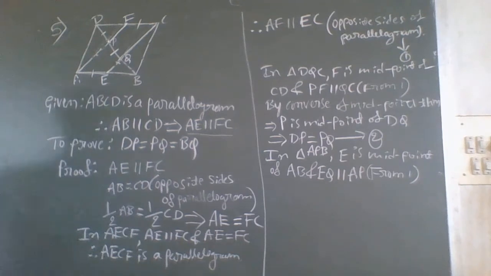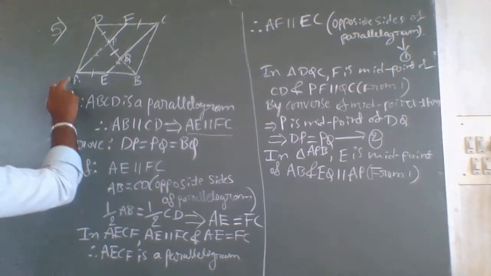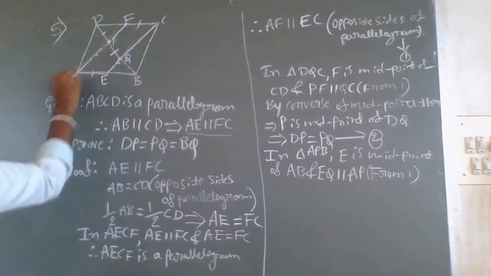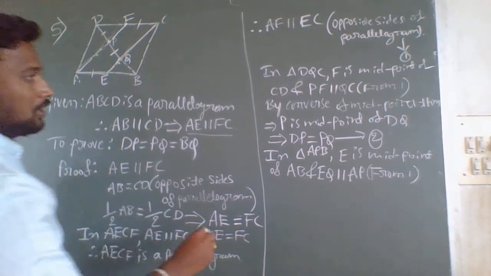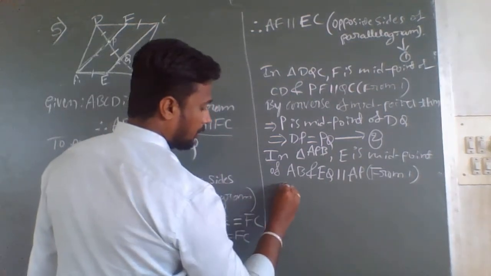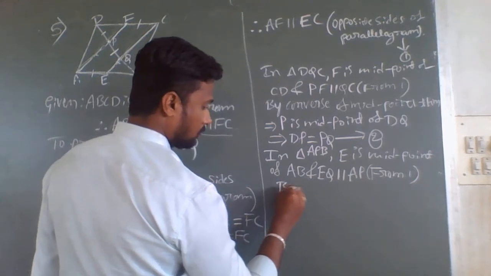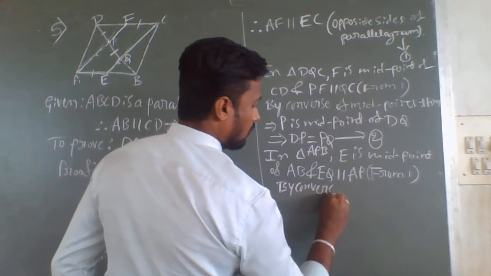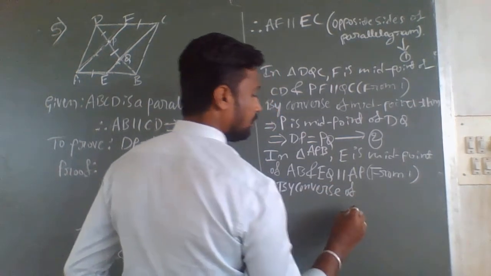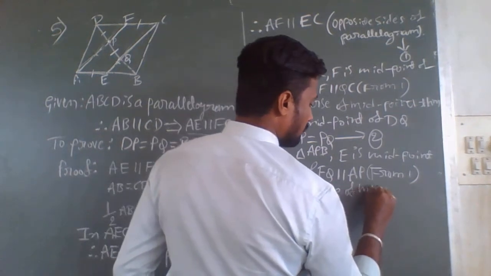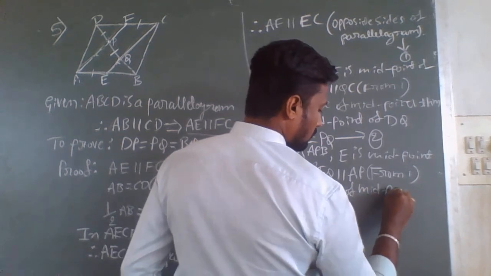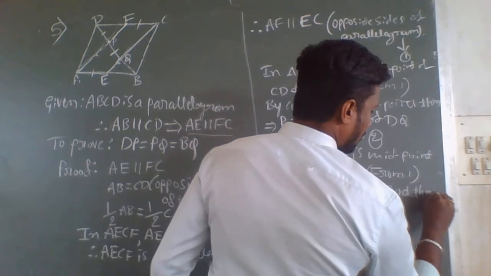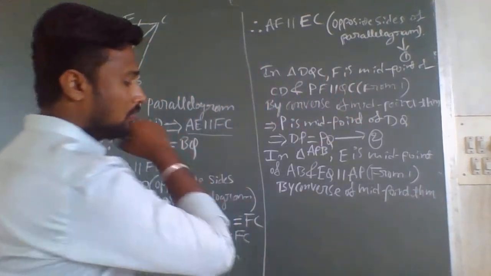So now, what we got to know is that in triangle APB, E is the midpoint and these two sides are parallel. Then, by the converse of the midpoint theorem, what can you write here?